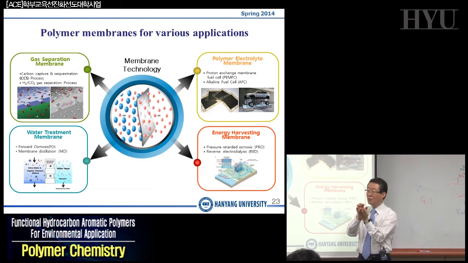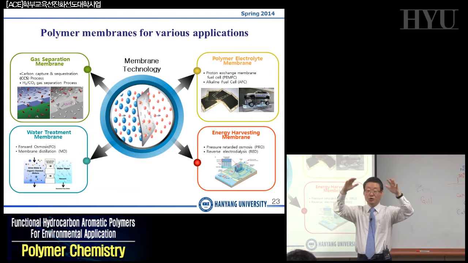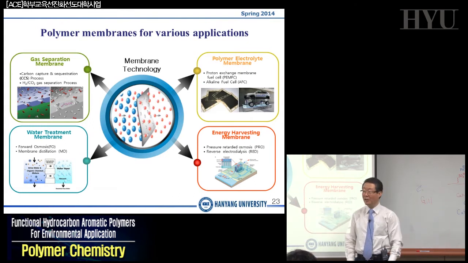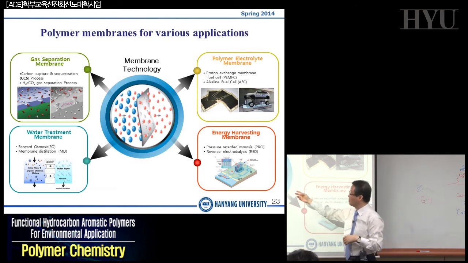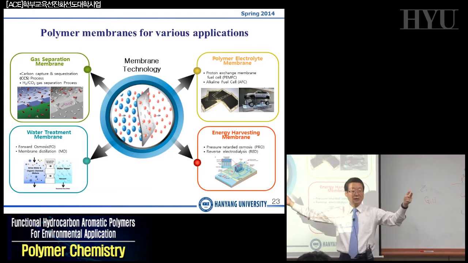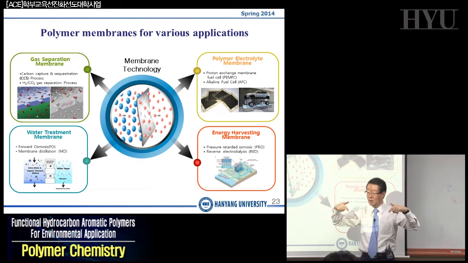And this film of the gill is a membrane, a film which is functional only to pass oxygen through the gills. So if you can build a large gill made of those functional films, we can take only the oxygen from the sea and put it inside, and we can live, right?